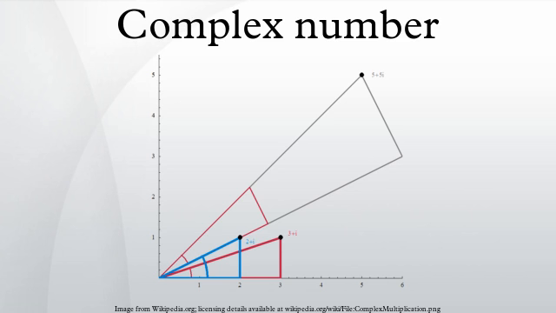Formal construction, formal development. Above, complex numbers have been defined by introducing i, the imaginary unit, as a symbol.